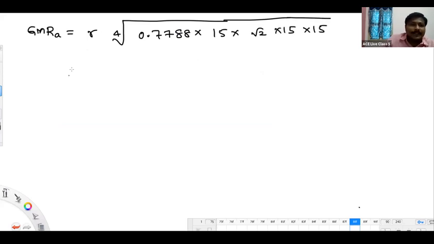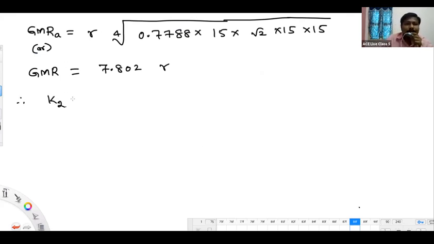Please tell me this constant number, how much? 7.802 times smaller r. And this is nothing but the GMR of phase A, or the GMR of the system. As we know, the GMR of the system is K2 into smaller r, so K2 will be 7.802.